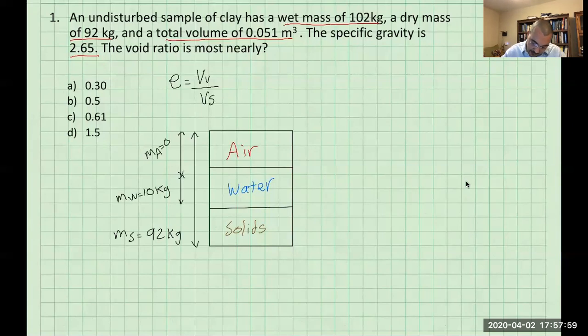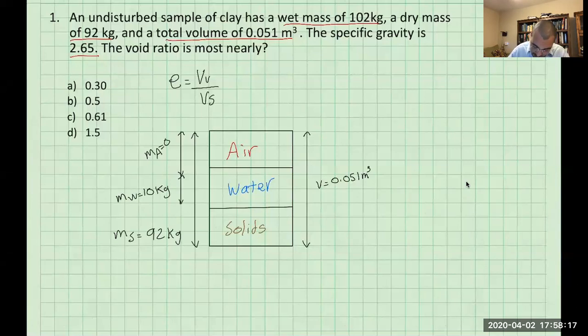On the right-hand side of this phase diagram, we have a volume relationship. So we are given that the total volume is 0.051 cubic meters.